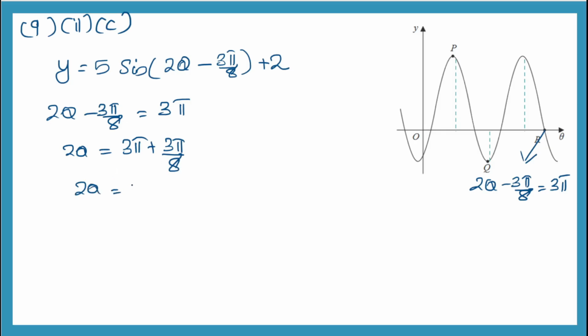That is equal to 27 pi by 8. Then theta equals 27 pi by 16. Then we got the value of theta as 5.51 radians.